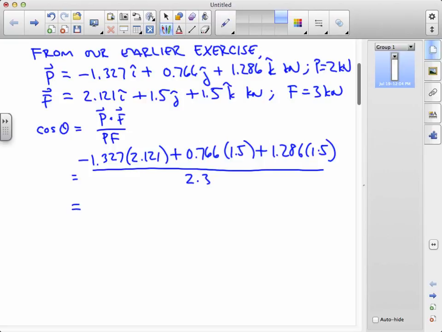The result is that the right-hand side is equal to a small number, 0.0439, which tells us that theta actually is pretty close to 90 degrees, and if we take the arc cosine, we end up with a value of 87.5 degrees.